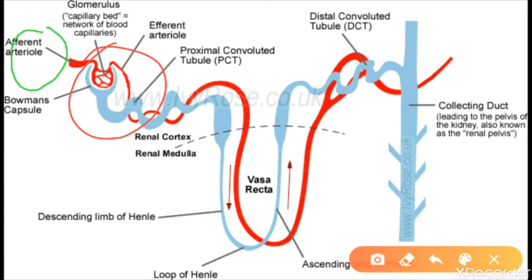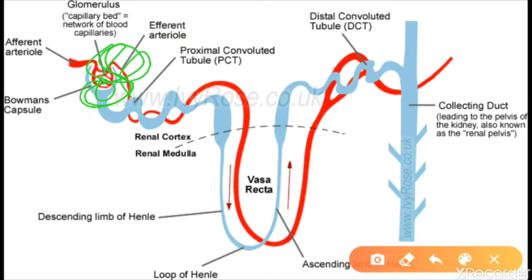The afferent arteriole carries the blood and lets it enter the nephron, and through the efferent arteriole the blood goes out. The function of glomerulus is to filter the blood that is passing through it.